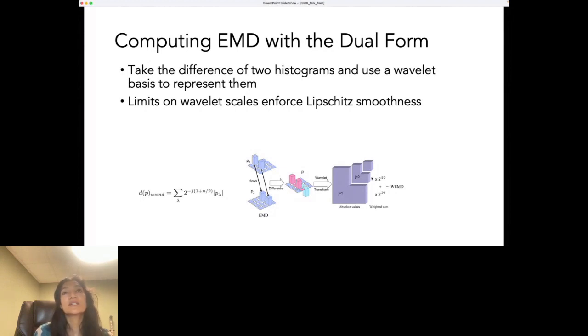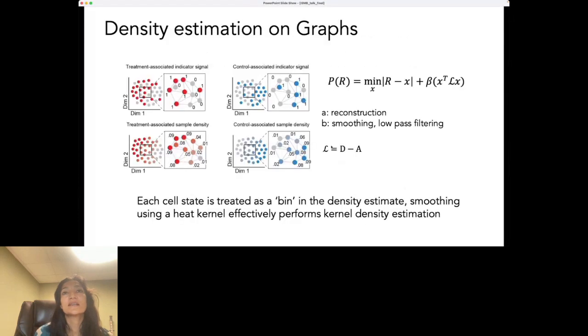Earlier we had discovered an efficient method for creating a kernel density estimate on graphs. The idea is that we would combine our point clouds together, create indicator signals for each of the samples, and then you basically smooth these to get a kernel density estimate. You can actually derive this as a solution to an optimization.